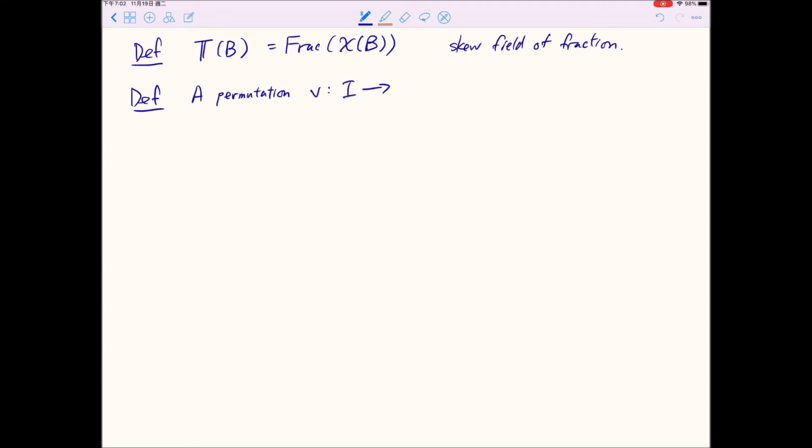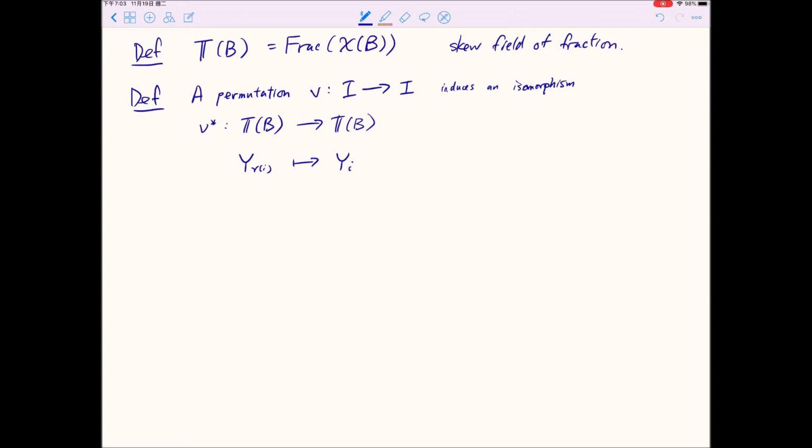So if you have a permutation of the index set, then it will induce an isomorphism on the skew field of fractions, given by sending the quantum y variables from the permuted index to the index itself.